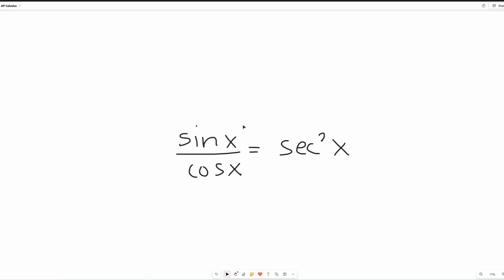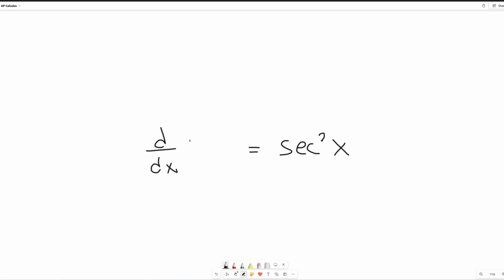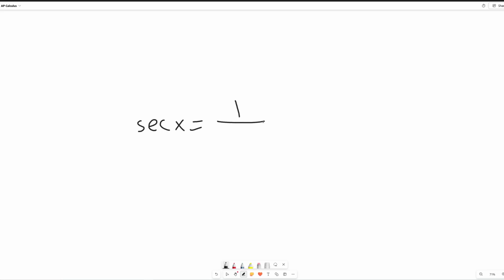So the derivative of tangent x is secant squared of x. And then from here, if you wanted to find the derivative of secant x, that is 1 over cosine x, you can use the quotient rule.